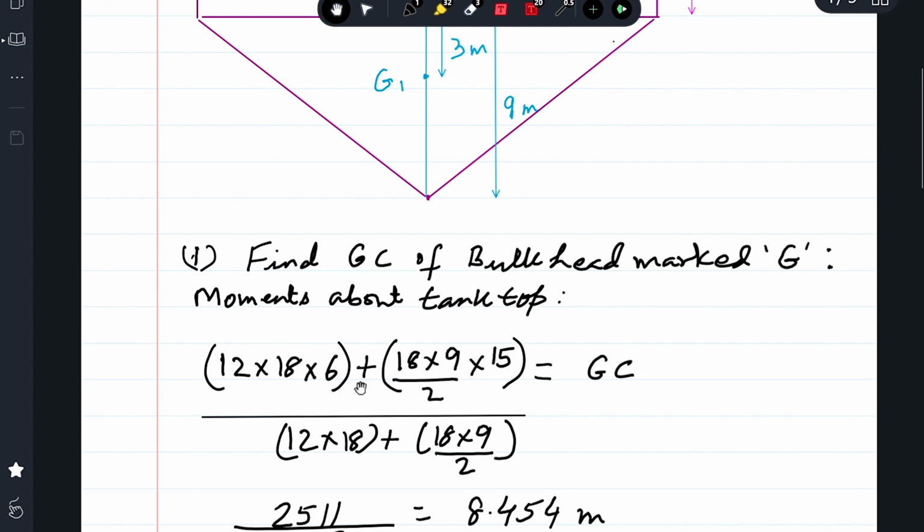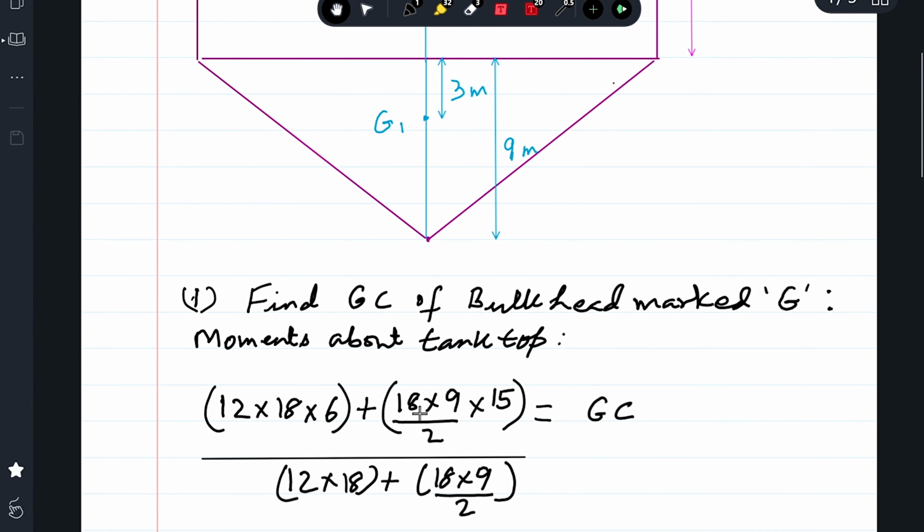Plus, we are taking moments of the triangle now. Area of the triangle, half base into height. Base is 18, height is 9. So half base into height is the area of the triangle, multiplied by distance of its geometric center from tank top, because moments are being taken from tank top.